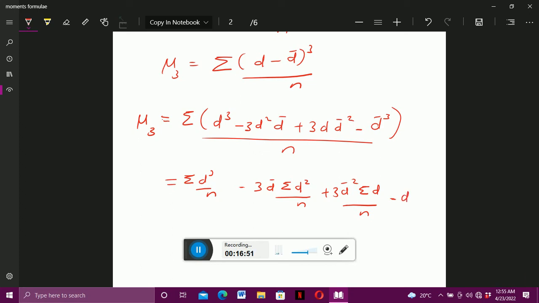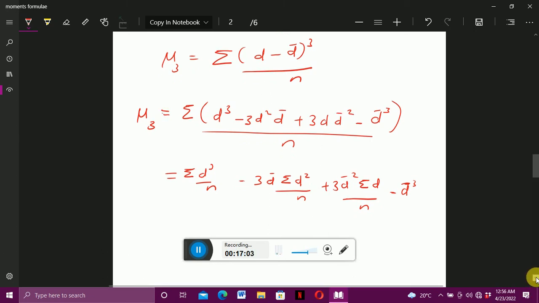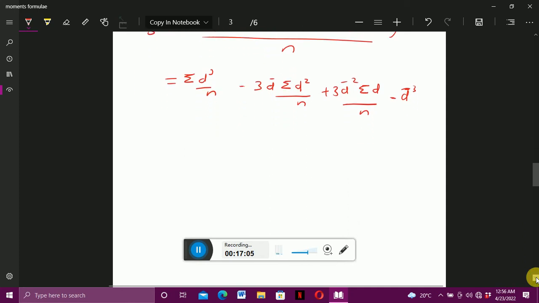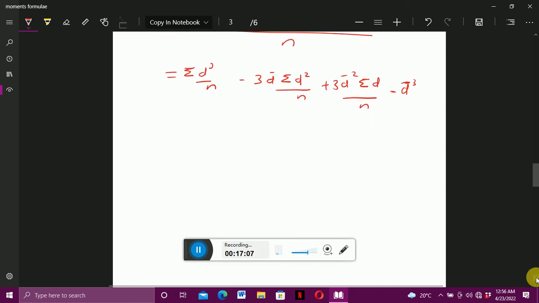This is going to be simply d bar cubed, because the n and n will cancel out. As you remember, when you sum 1 n times, you get n, and you have the denominator n.